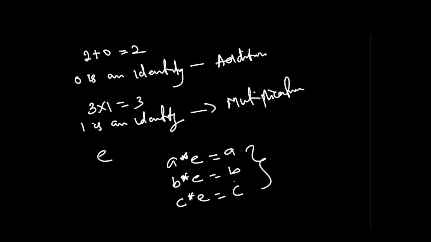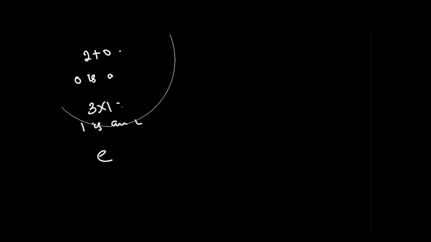When you want to carry out operations involving identity, you have to substitute for the second one. Let's take for instance that I have A operation B equal AB, and I'm looking for the identity element.